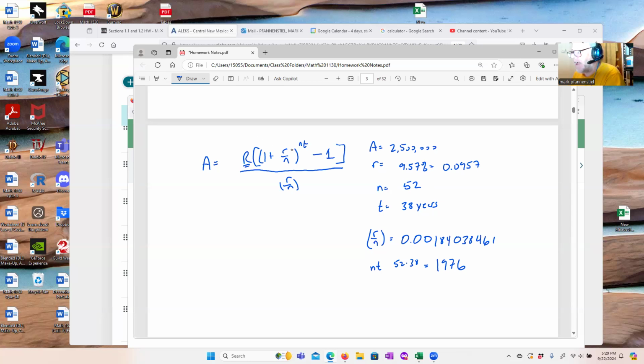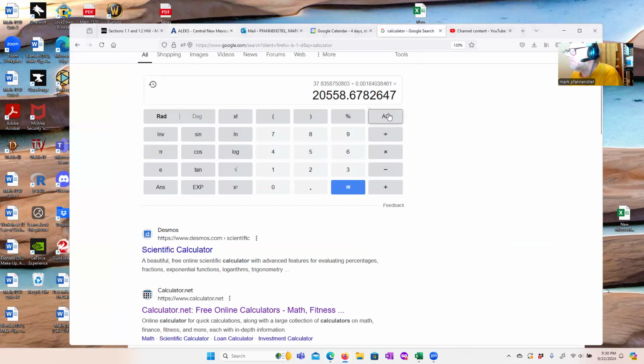Notice that this R over N appears a couple of times in the formula. What I'm going to want to do is calculate R over N by itself before I jump right into the problem. So go back to the calculator, clear this out.